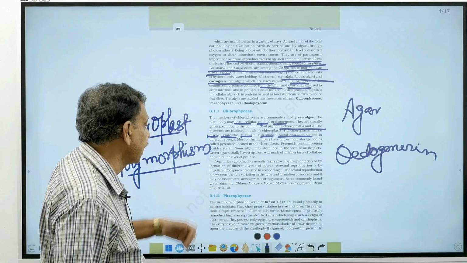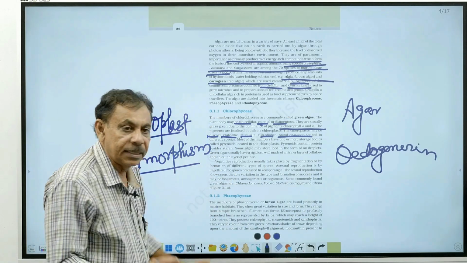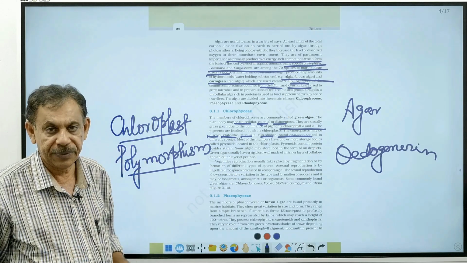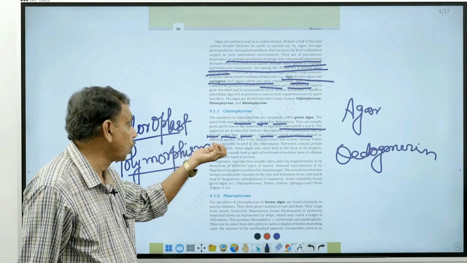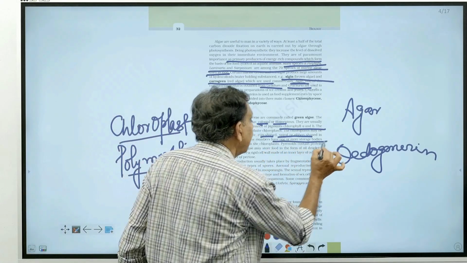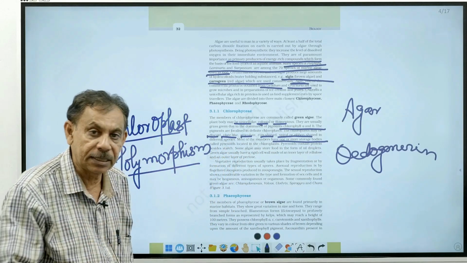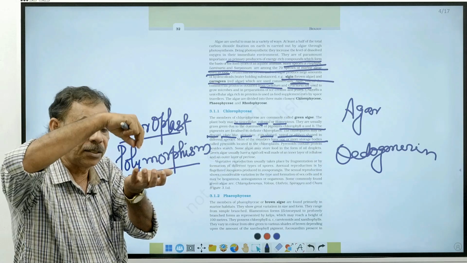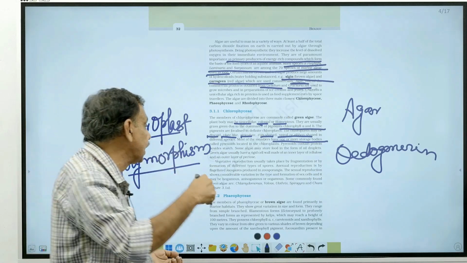Now you can see there is a button-like, plate-like storage structure. They are called pyrenoids. Pyrenoids are storage bodies containing protein.